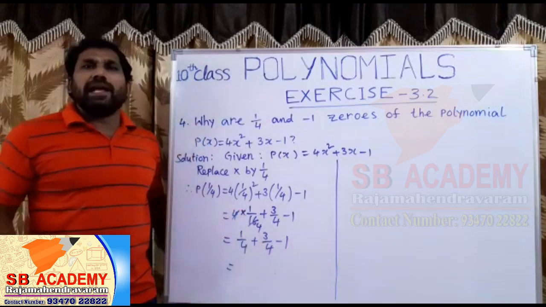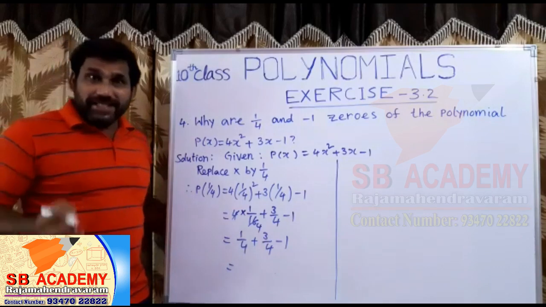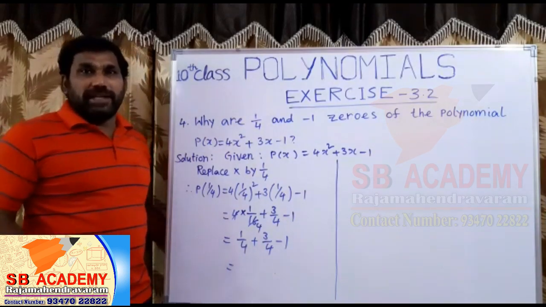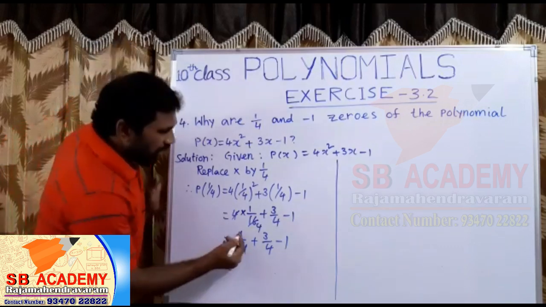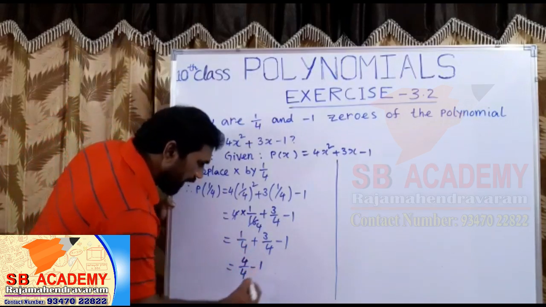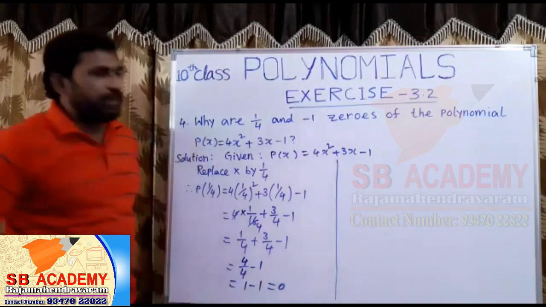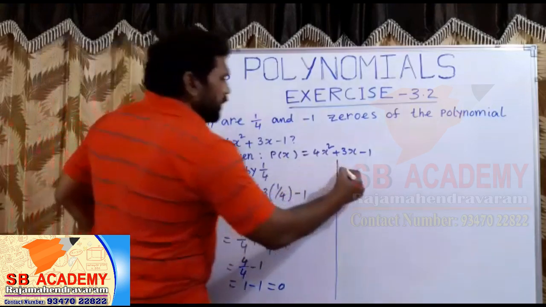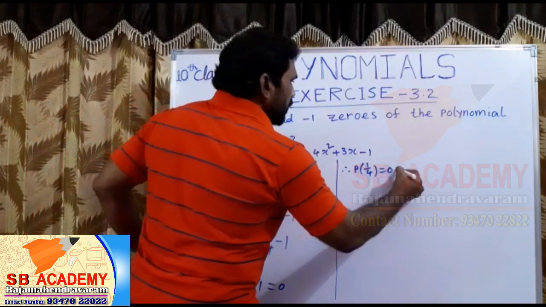These two are like fractions. What are like fractions, children? Fractions having same denominator are called like fractions. So 1 by 4 plus 3 by 4, you will get 4 by 4. 4 by 4 means 1. 1 minus 1 equal to how much? 0. Therefore, p of 1 by 4 equal to 0.